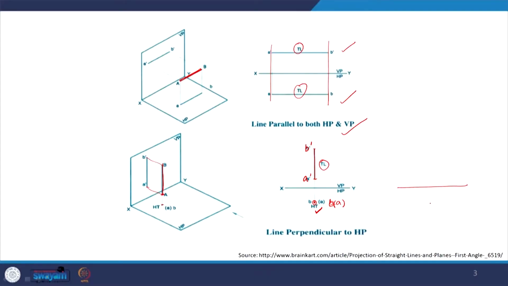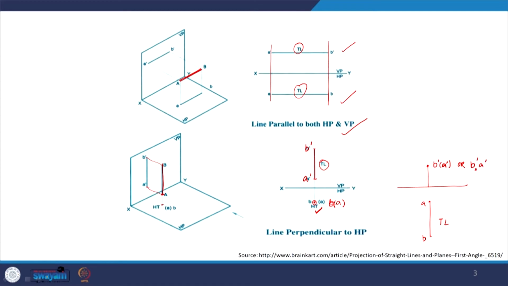So we would see the true length of the line here, say a line AB, and in elevation, at whatever height it is from the horizontal plane, we would be seeing B dash in bracket A dash, or B dash comma A dash.